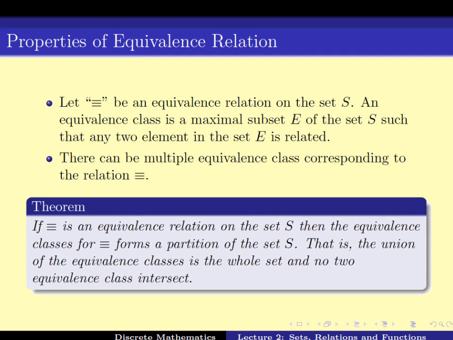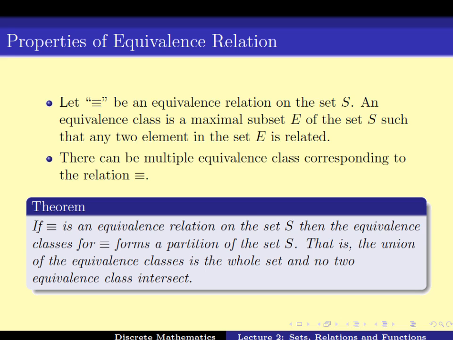Now let us consider an equivalence relation. Given an equivalence relation, I can define a maximal subset E of the set S such that any two elements of the set E are related to each other.